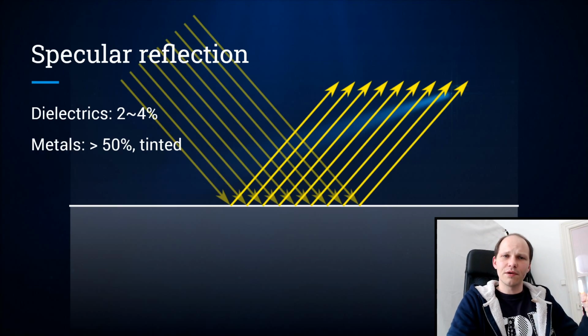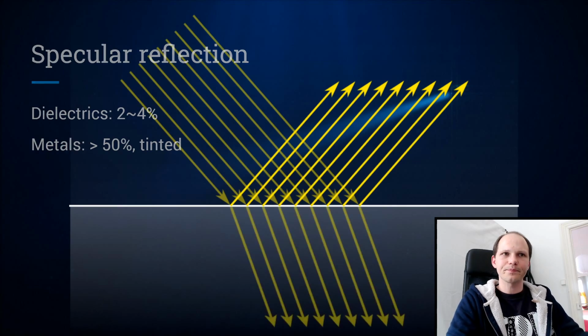For metals, however, the reflection is strong, typically above 50%, and it may depend on the wavelength, so it can get noticeably tinted, and that's what explains gold and copper, for example, which have strong colors.